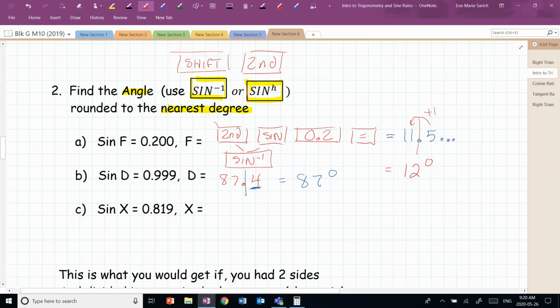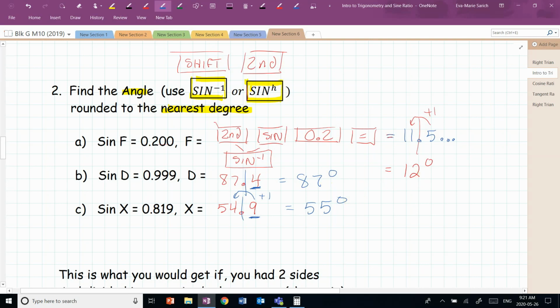Okay, so 54.9. I only have to go to one decimal place because I'm cutting it off to the nearest whole degree. Because that is a 9, which is a 5 or higher, we're going to add 1, and this then becomes 55 degrees, okay?